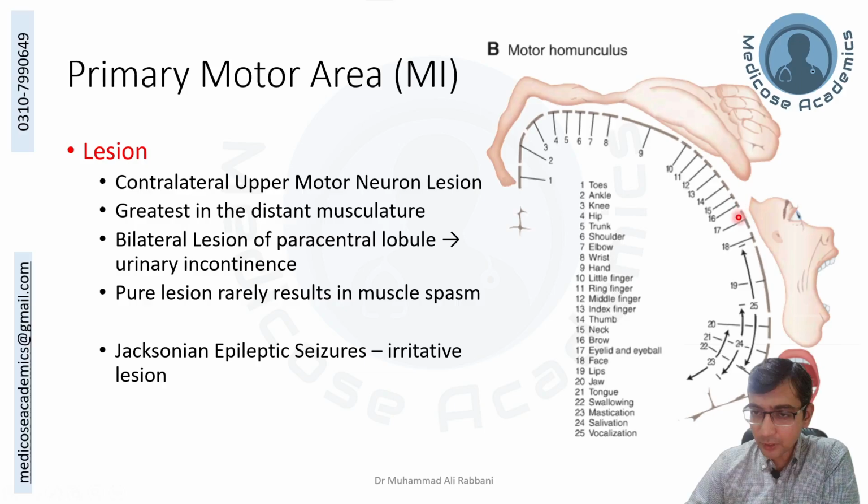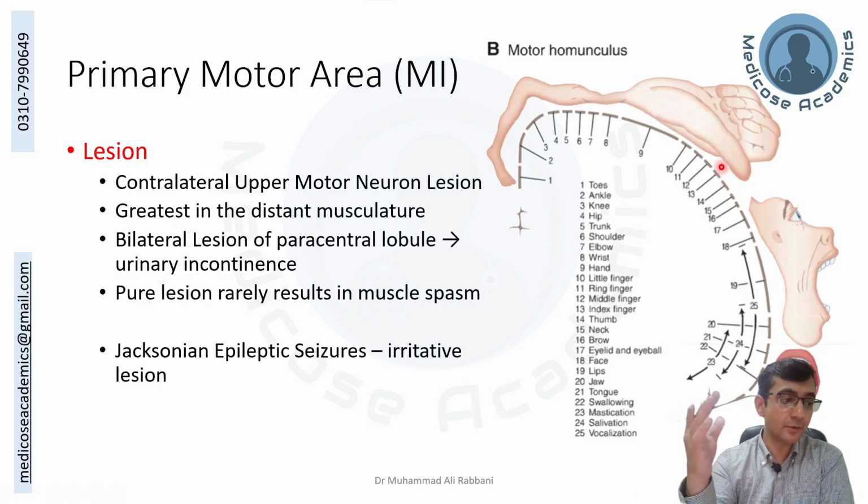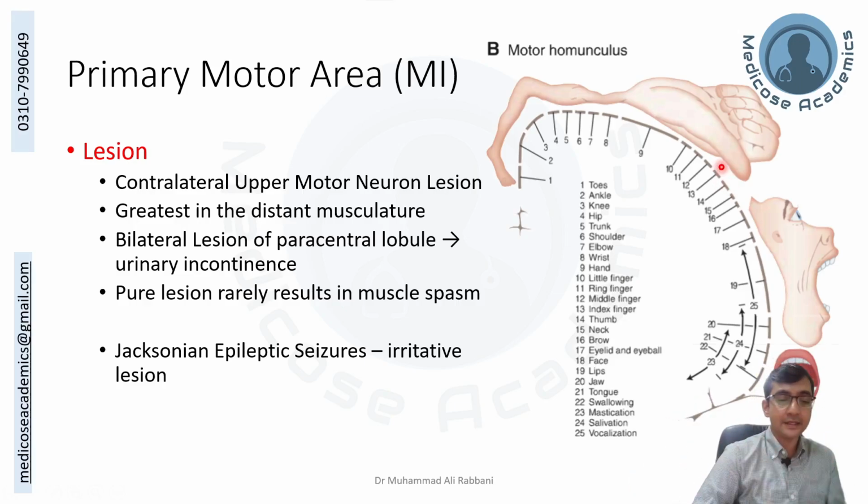If any particular part of the brain is damaged, that part will become non-functional. If that part is excited, that part will start showing movement, and that is Jacksonian epileptic seizures.